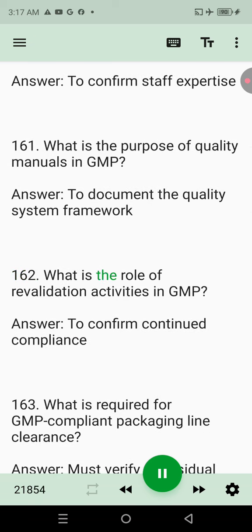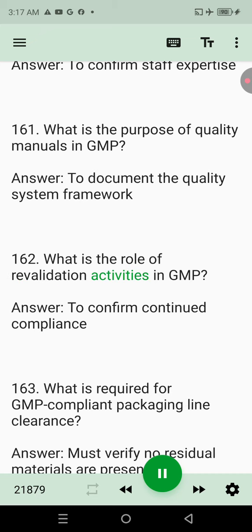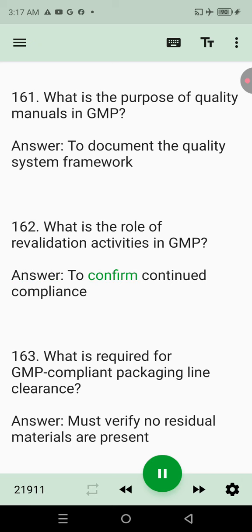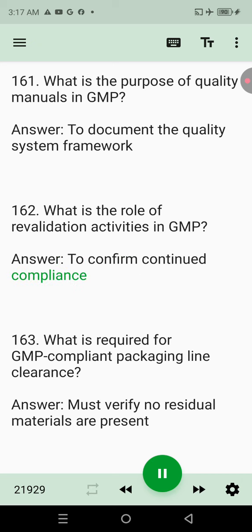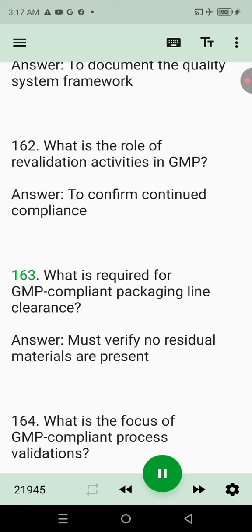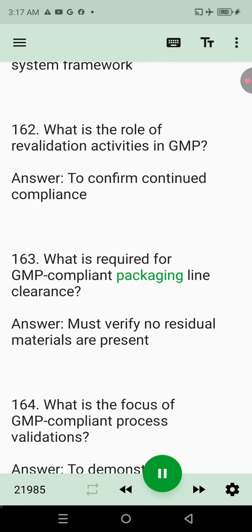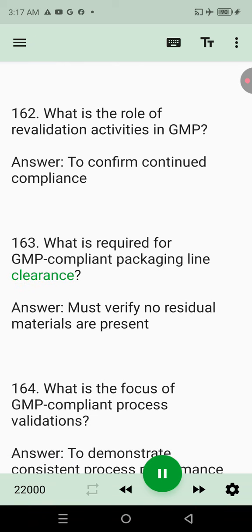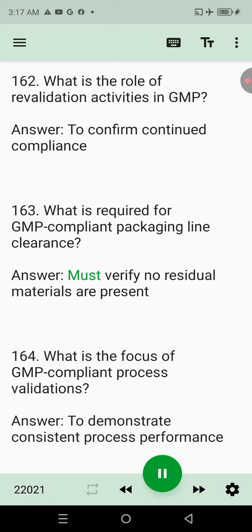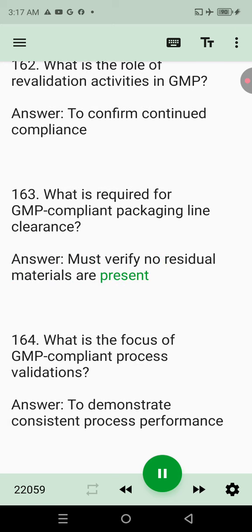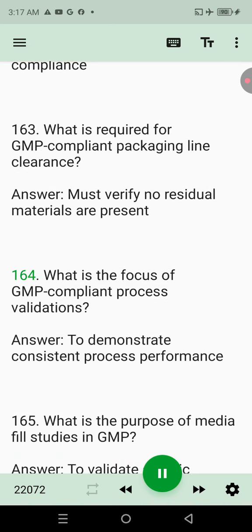162. What is the role of revalidation activities in GMP? Answer: to confirm continued compliance. 163. What is required for GMP compliant packaging line clearance? Answer: must verify no residual materials are present. 164.